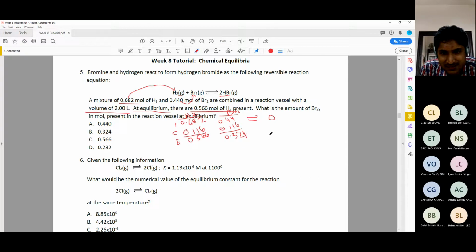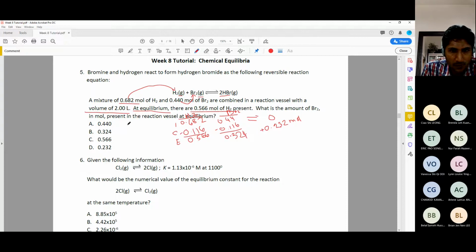But when 0.116 moles of hydrogen and bromine reacted, since it is a 1:2 reaction, I will have 0.116 times 2, which is 0.232 moles of hydrogen bromide produced at equilibrium, and this is a positive sign. Of course, the others are negative.